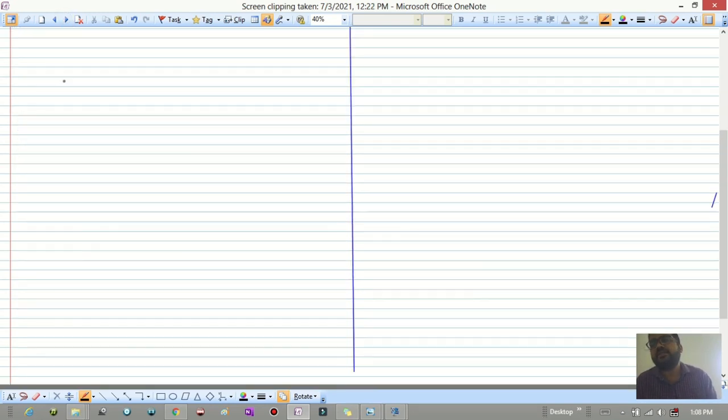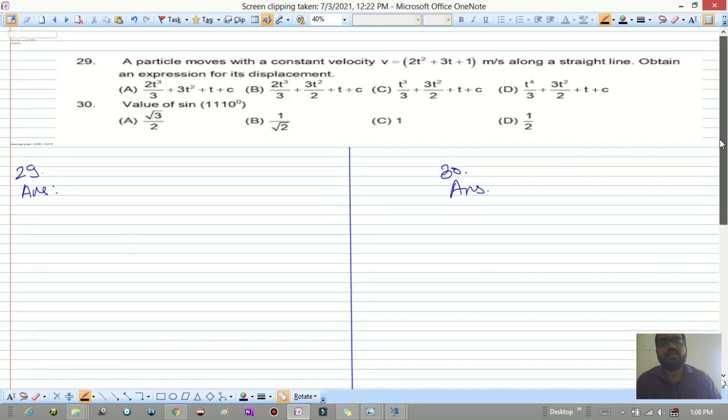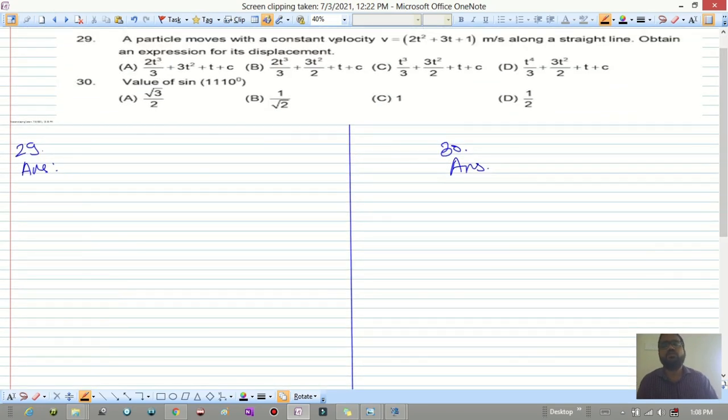Okay, next. Now we have 29 and 30. A particle moves with velocity v is equal to 2t squared plus 3t plus 1 along a straight line. Obtain an expression for its displacement. Velocity is given, we want the displacement. We know that whenever velocity is given and we want the displacement, integrate velocity with respect to time, isn't it?